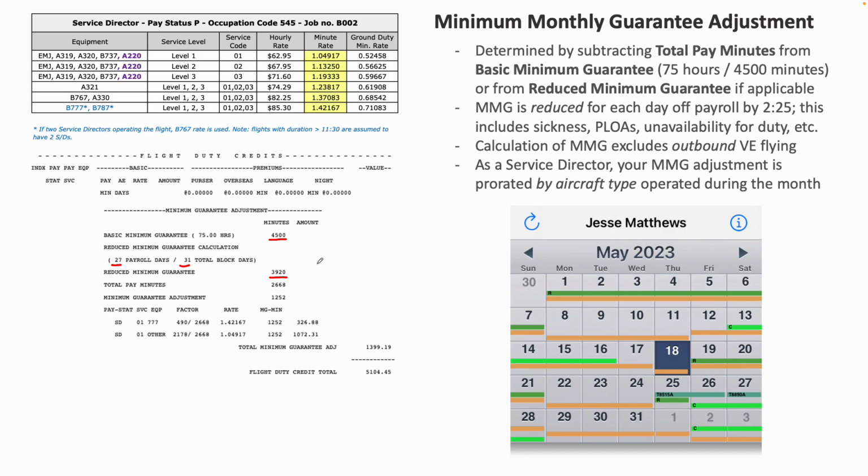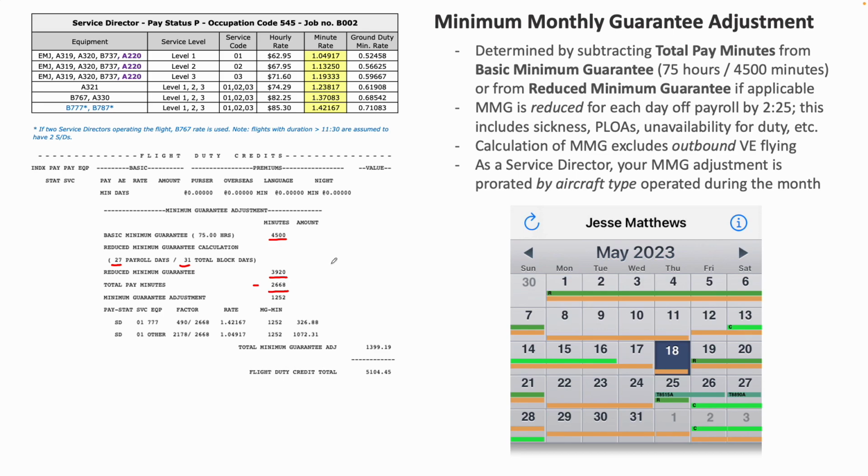Assuming that is correct, we would take the 3,920 minutes. That's the amount that I should be paid as a guaranteed amount of time for the month. We see from the last slide that the 2,668 minutes are here, and it's a simple exercise of subtraction to figure out how much I need to be paid in my MMG top-up.